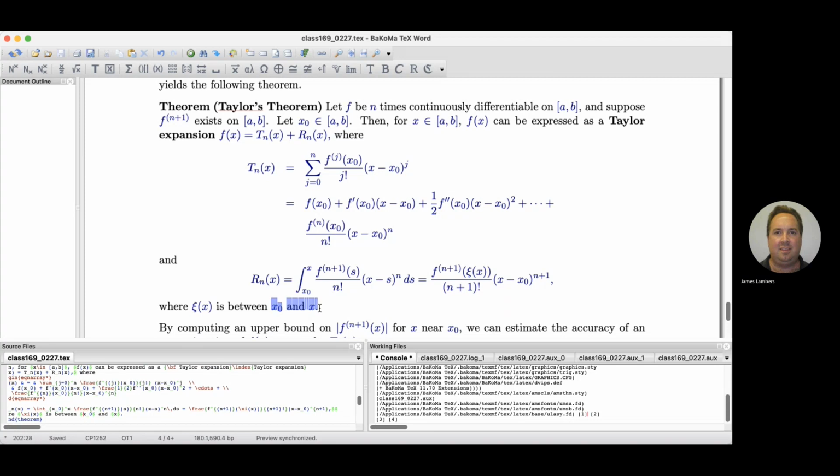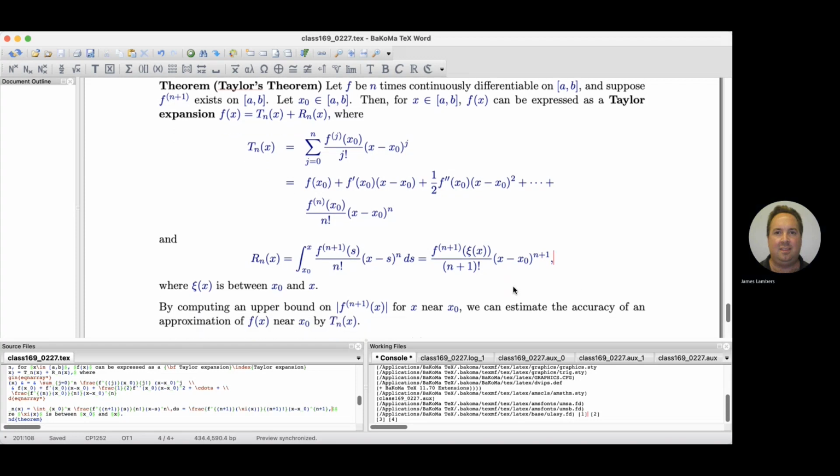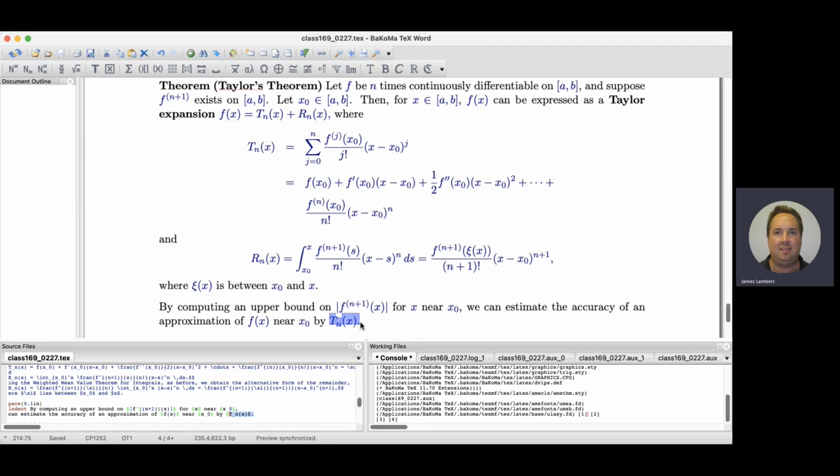What matters is a range where it can be found, because then we can use that to try to figure out how large this can get, and therefore how large the entire remainder can get. So that's the idea. We try to get an upper bound on the absolute value of the n plus first derivative. That gives us an idea of how large the remainder can get and how accurate our nth degree Taylor polynomial is.